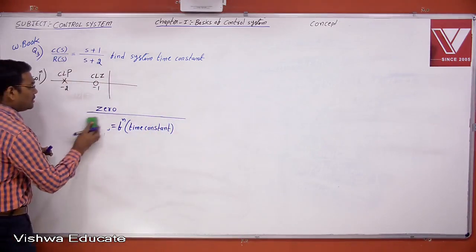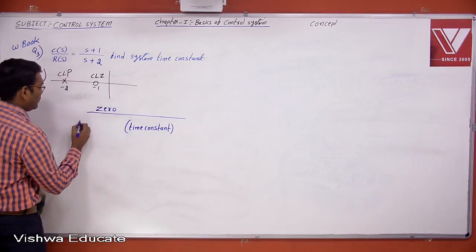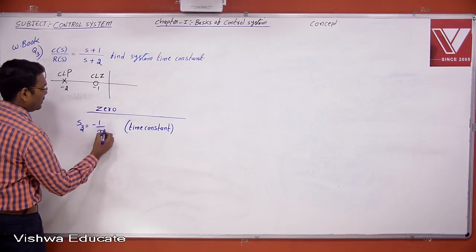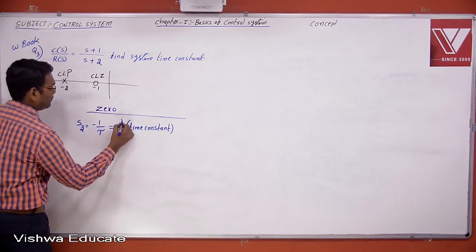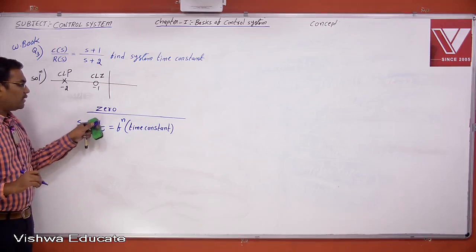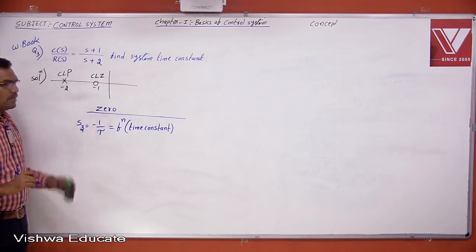Now this is a zero, which is nothing but the reciprocal of system time constant. Am I right or not? A root of a numerator polynomial, which is a negative of the reciprocal of system time constant.